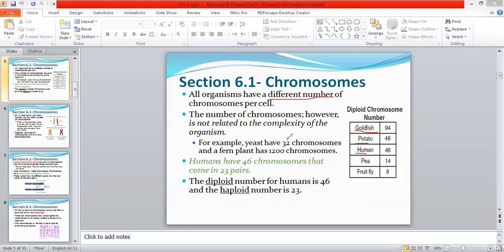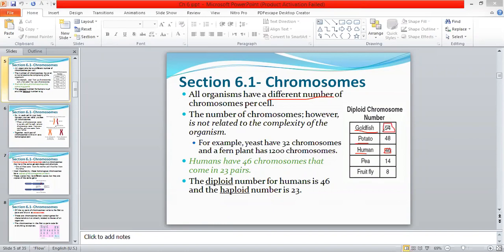And the number of chromosomes is not related to the development of the species. For example, human 46, goldfish 94.